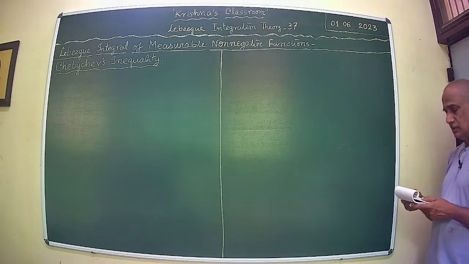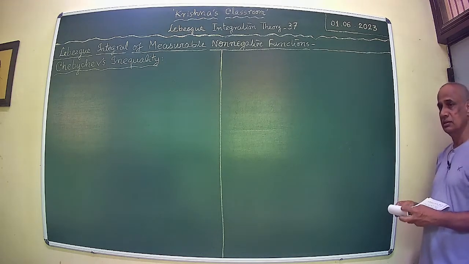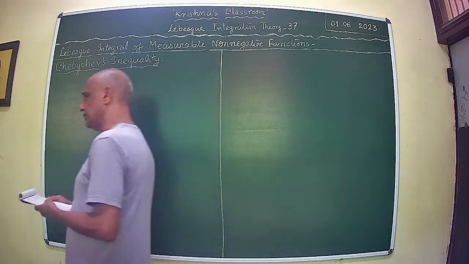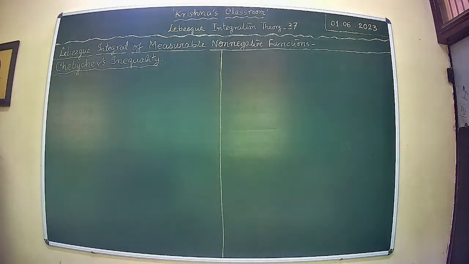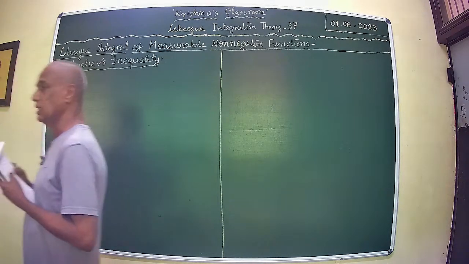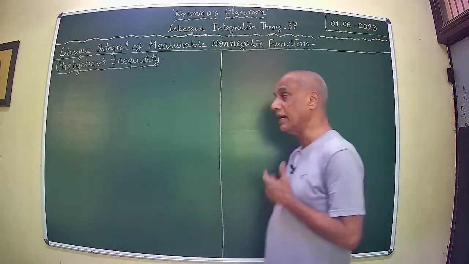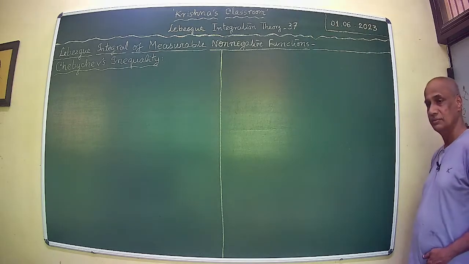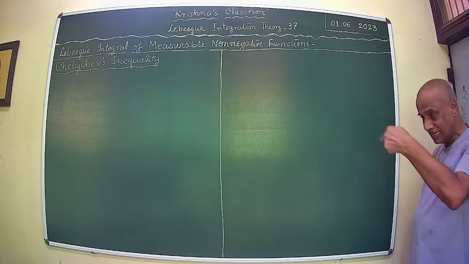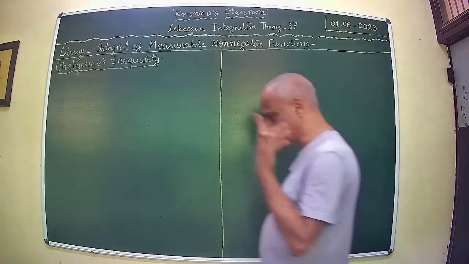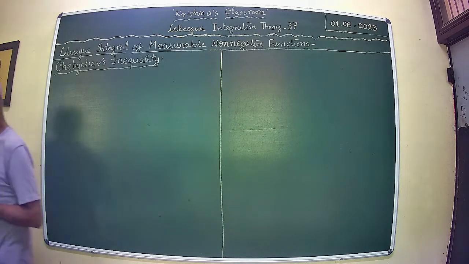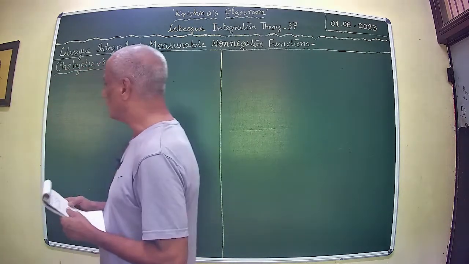Therefore, there are two possibilities. If they form a bounded set, then the supremum is finite. If it is not a bounded set, then the supremum is going to be infinity. This second scenario never appeared in the previous case because always the integrals that we defined were finite. So that is the definition.